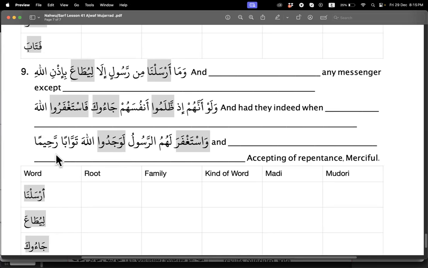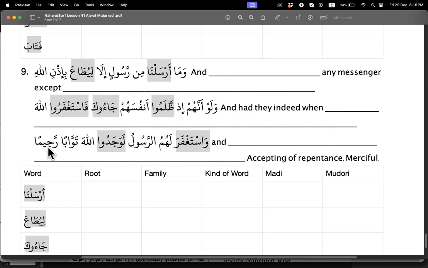Do you think rahiman is the sifah of tawaban? It will be a sifat of Allah. Yes, so tawaban is the first sifah. These two are both sifah of Allah, but here because we have a fi'il madi, this is the maf'ul bihi sani of wajadu.